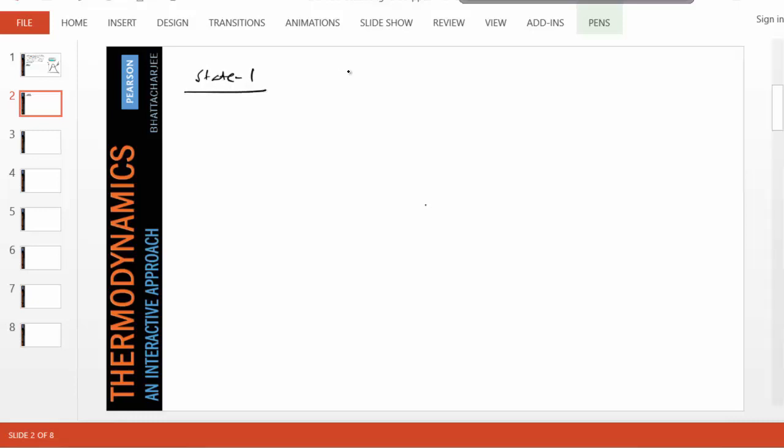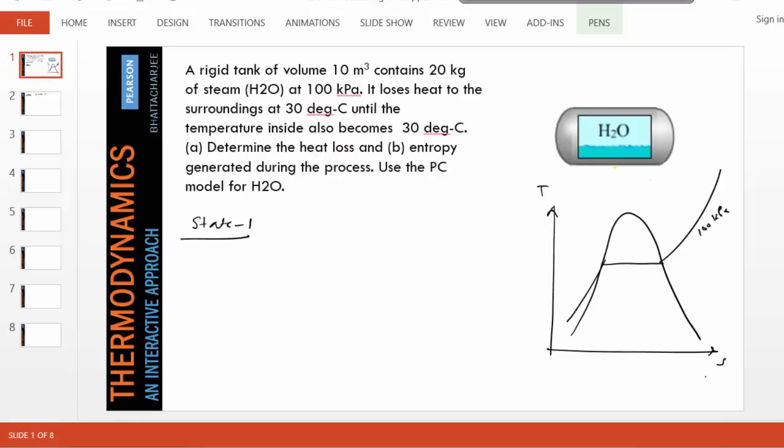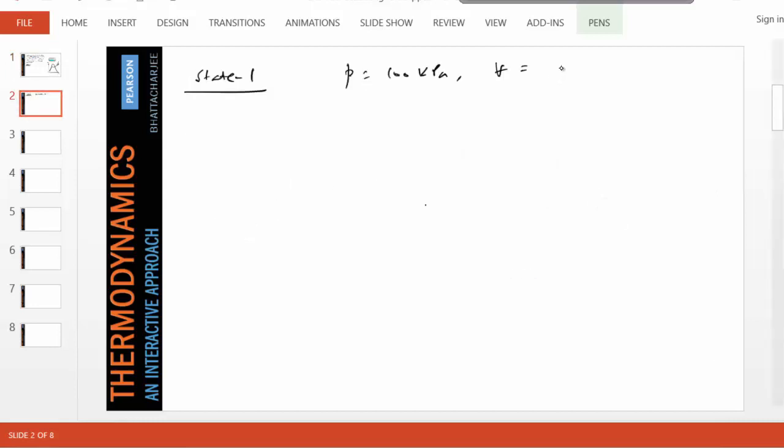What is given is pressure equals 100 kPa, and the volume is 10 meter cube and the mass is 20 kg.